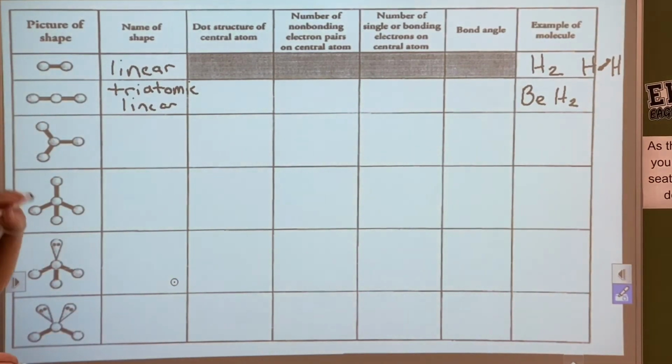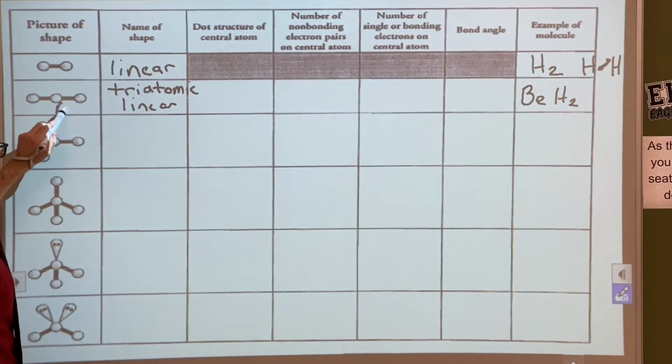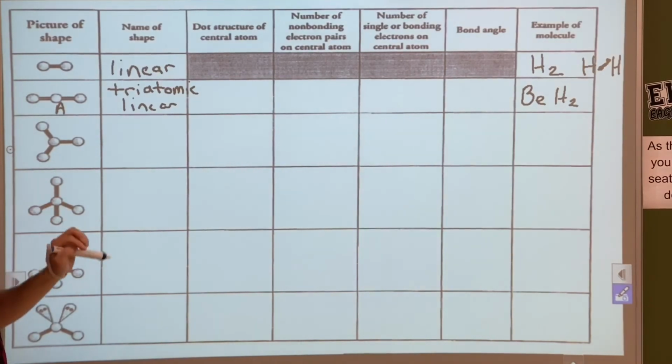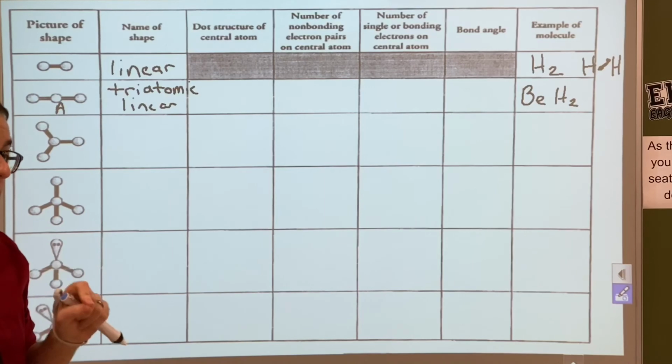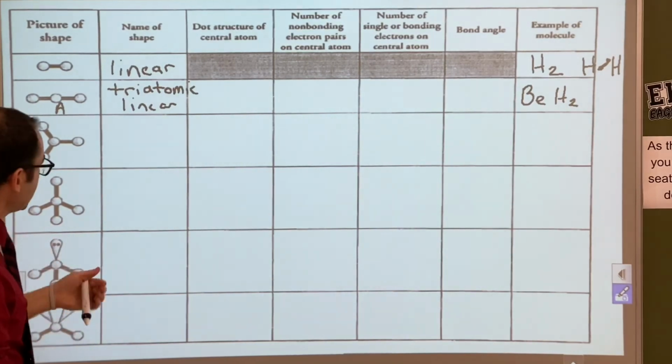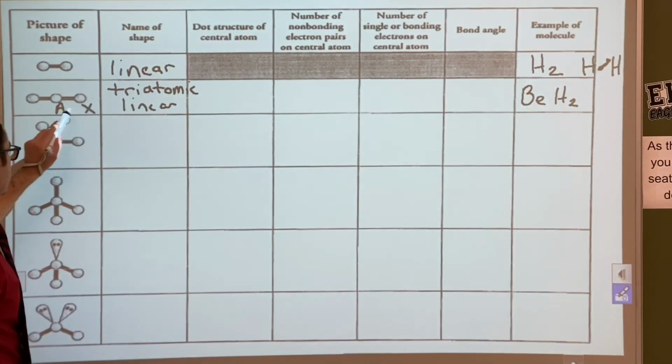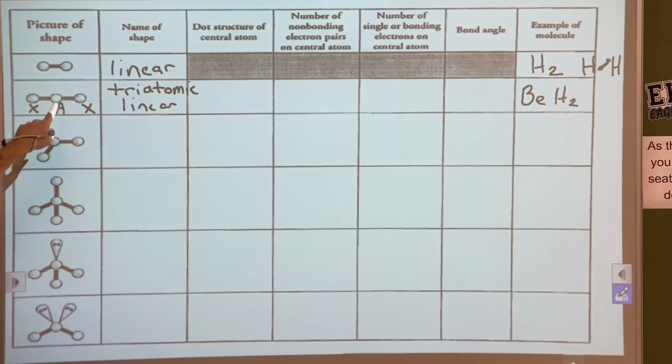Now, this has a central atom, right? For whatever reason, to have a central atom, they're going to call that an A, all right? And then any atoms that are attached directly to that A, that central atom, they're going to be X. And that makes more sense because they're talking about external atoms here. So we have an A in the middle, and then we have 2 X's.